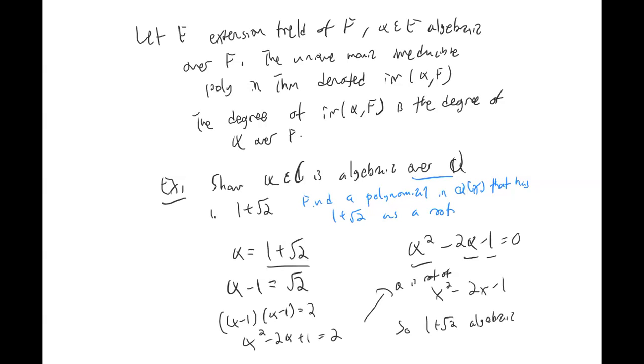So this is how I would do it. 1 plus root 2 is easy enough that you could probably brute force it, but this is more explicit.